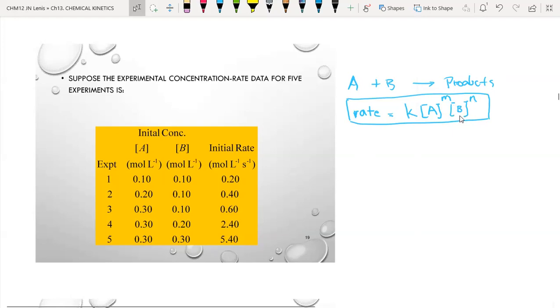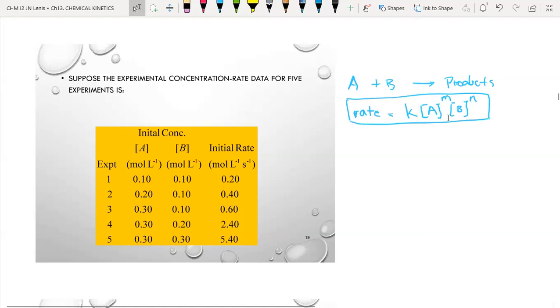So we need to set different experiments. In one set of experiments, we will make changes on this concentration, keeping this concentration constant. That's the only way to know how making these changes will affect the rate of the reaction.